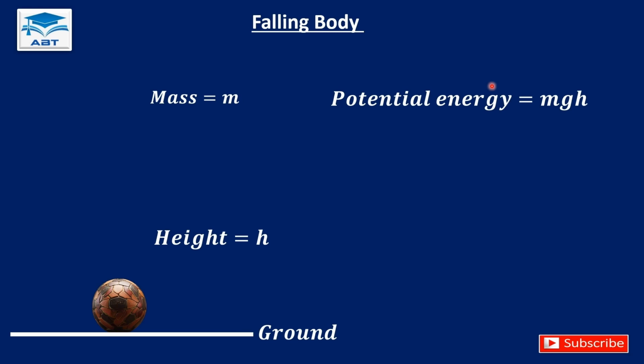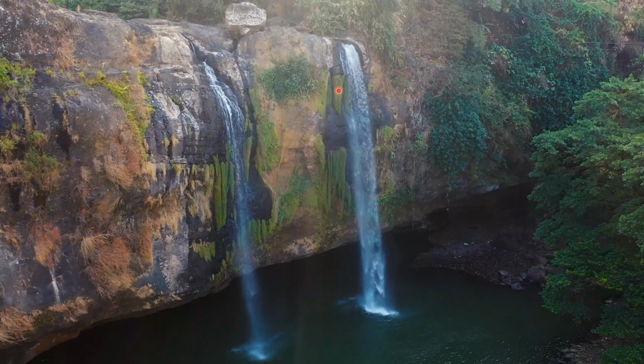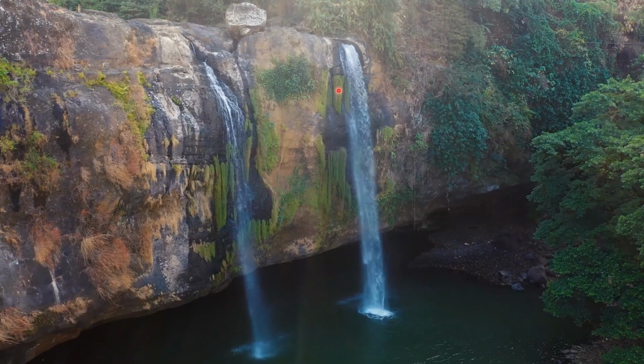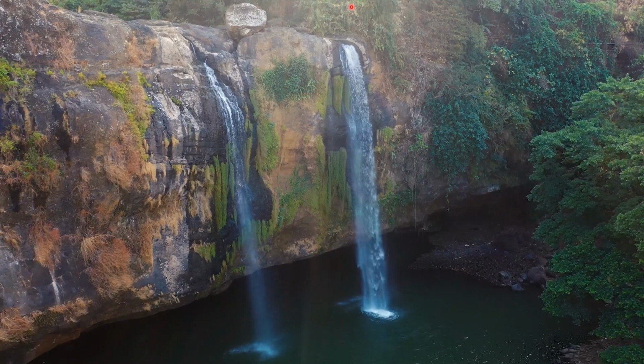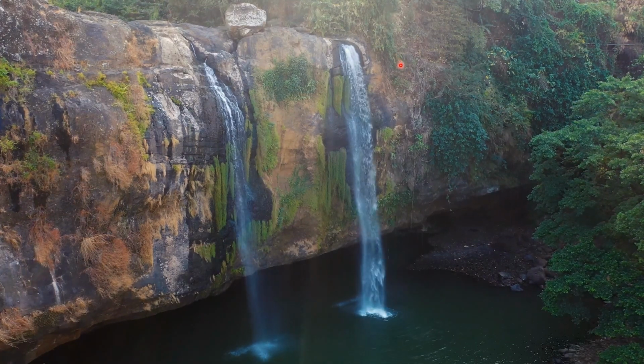Hence, the lost potential energy is converted to heat energy, light energy, sound energy, and so on. This explains why at any waterfall site, the water at the base is warmer than the water at the top.